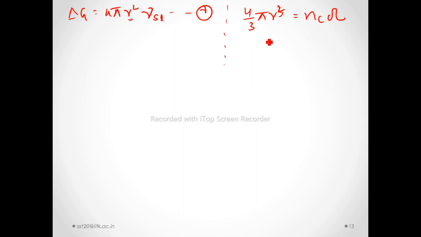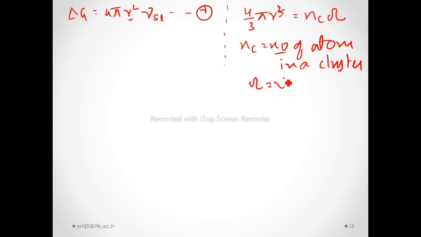Okay, so from here we can reduce for the R value.